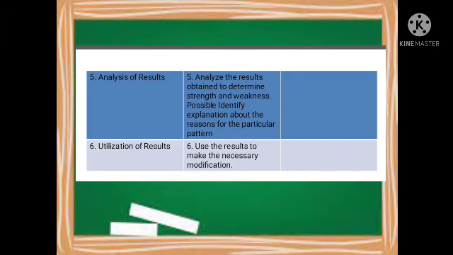Use the results to make the necessary modifications. Using all the steps to evaluate the curriculum and obtaining all yes answers would mean the curriculum has passed the standards. Tyler's model of evaluating the curriculum is relatively easy to understand, which many teachers can follow.